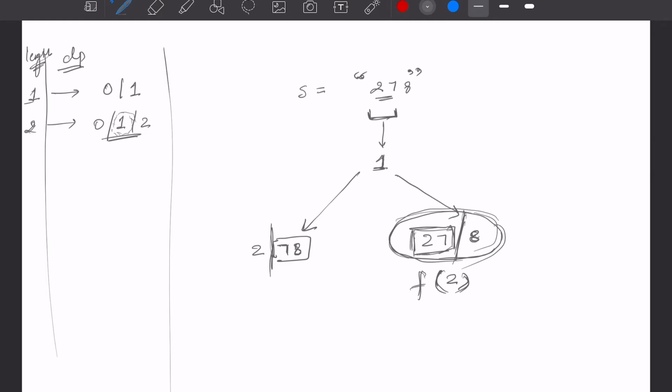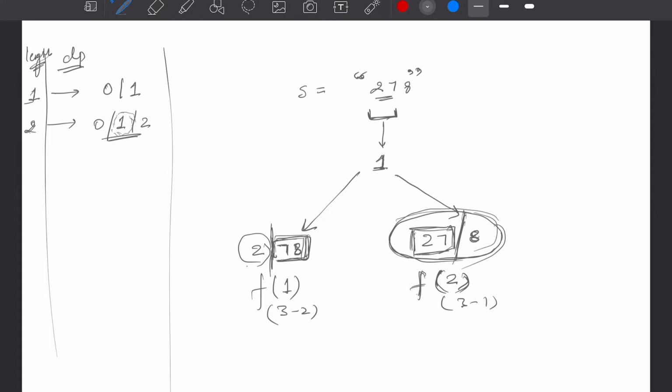Understood? Okay. Now the second one is when we are considering 7 and 8 as a single unit. In this case the answer will be the same as that of the remaining length, which is 1. So it is something like 3 minus 2, and the other is 3 minus 1.